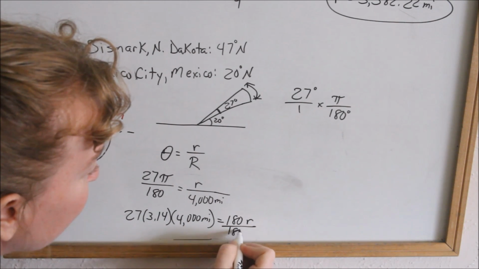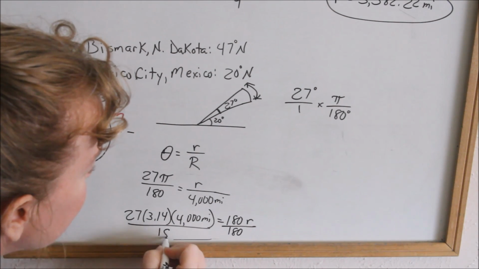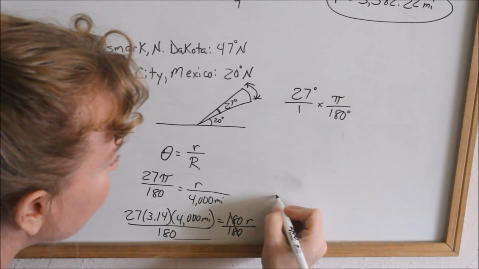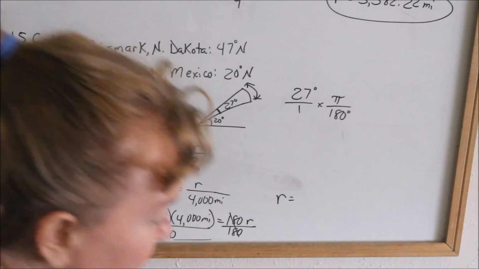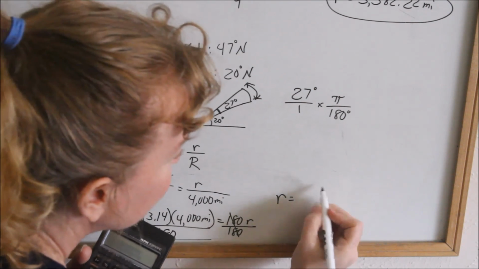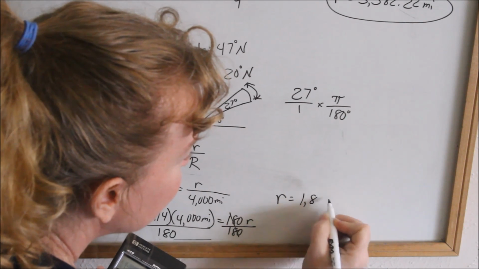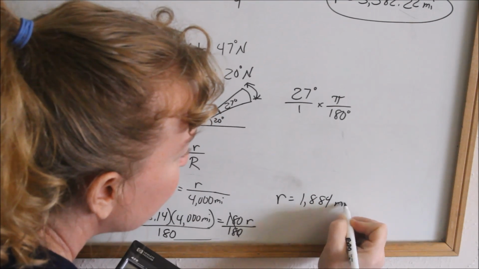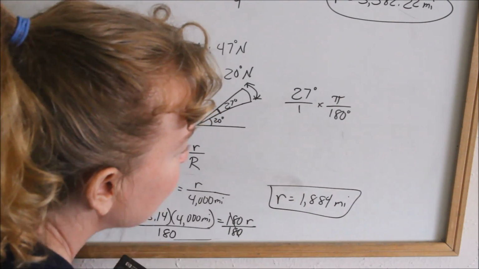So to solve for r, I need to divide both sides by 180. So multiplying everything in the numerator, then dividing the 180 in the denominator. Came out to where the arc length is 1,884 miles. That came out to an even number.